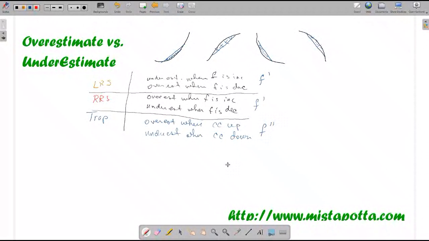So what happens is determining whether or not a function is an overestimate or an underestimate for a left-hand Riemann sum, a right Riemann sum, or a trapezoid is determined solely by the behavior of the first or second derivative on that particular interval. So this gives us a good appreciation of what's going on.